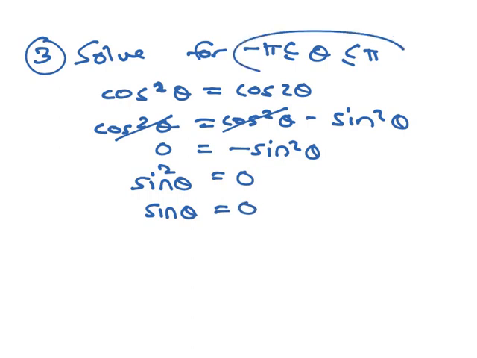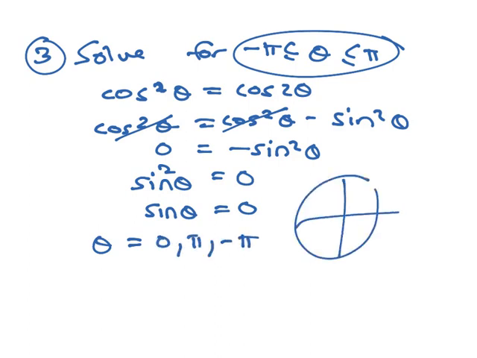Where is sine equal to 0 between minus pi and pi? That would be 0, pi and minus pi, because it's anywhere on the sine line between minus pi and pi. So that's 3 solutions.